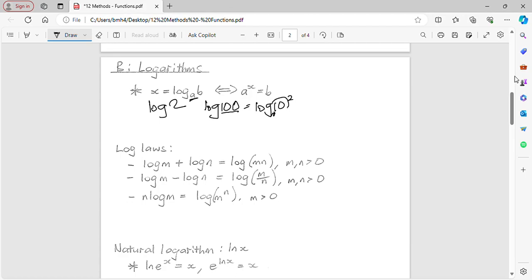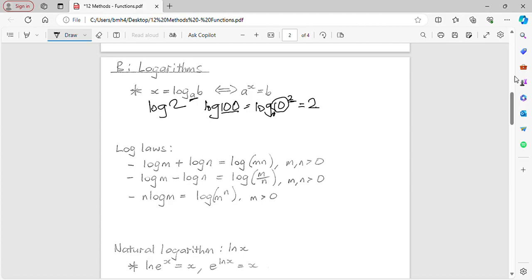If we've got the number written in terms of the base expressed to a power, it is simply the power, so it's 2. So if you've got log of base 10 of a number, if you can make this number a power of 10, you take the power and that's the answer.